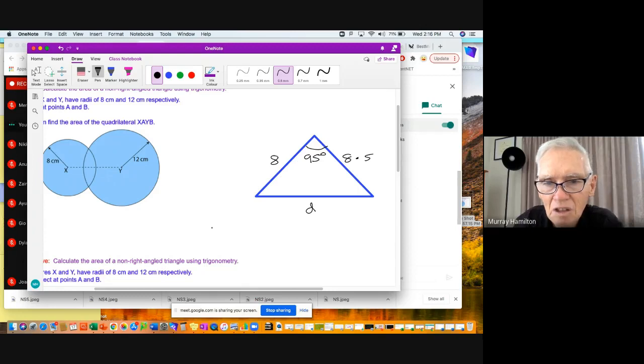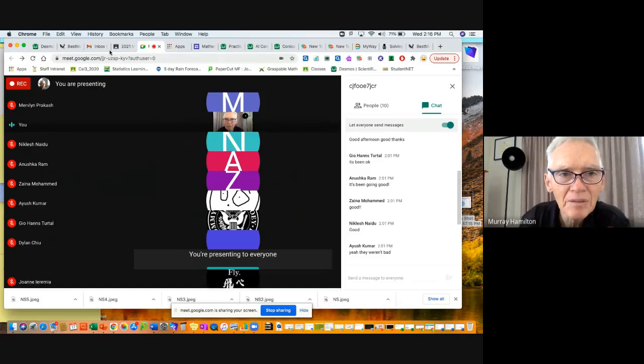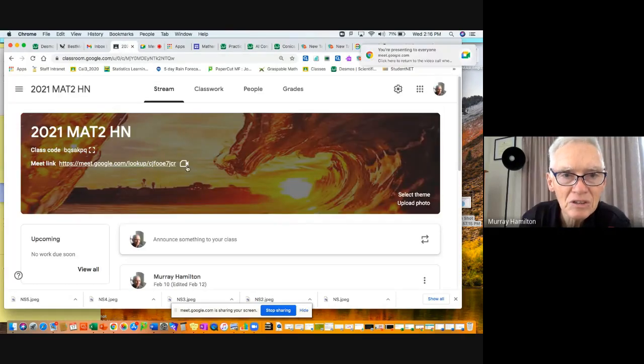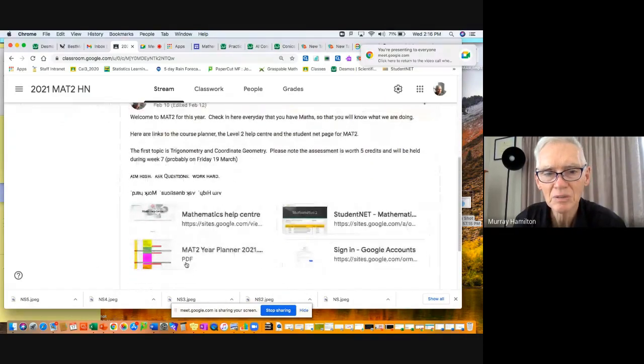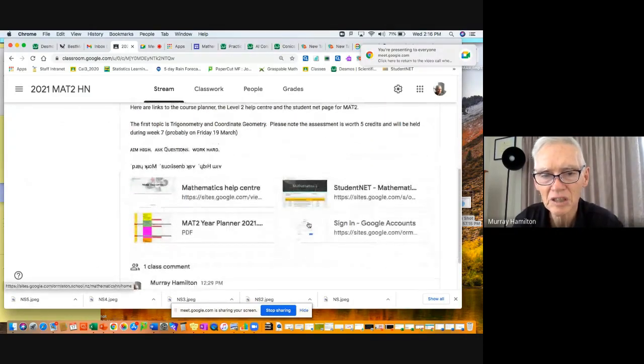Okay, so we need to now know how to solve this by using non-right angle trigonometry. And we need the formulas for non-right angle trigonometry. So if we go to our maths classroom to find the formulas, now this is a test, have I put them up there? So we're going to go into MAT2 and I'm going to click onto this one down here, which is our Sine sheet for Google Classroom.